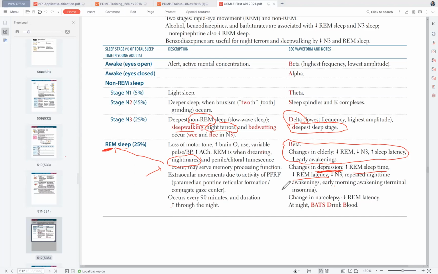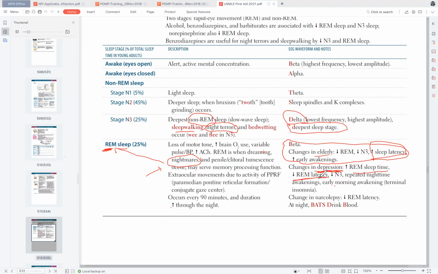And it looks like that is the opposite in the elderly people. If I'm looking at what I'm seeing, elderly people have increased REM latency. So you are right about them having trouble even falling asleep, because the elderly people have increased sleep latency. So it takes a longer time for them to fall asleep. So depression and elderly people are almost opposite.